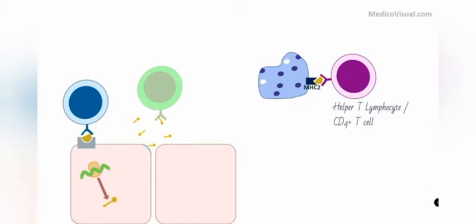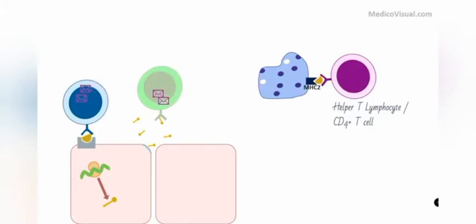Now what it will do? Now it will give some orders to cytotoxic T cell as well as B cell. It will release certain cellular messengers or cellular growth factors, or we call them cytokines.